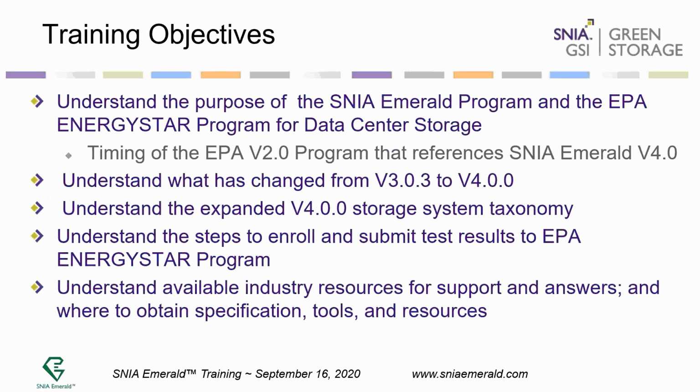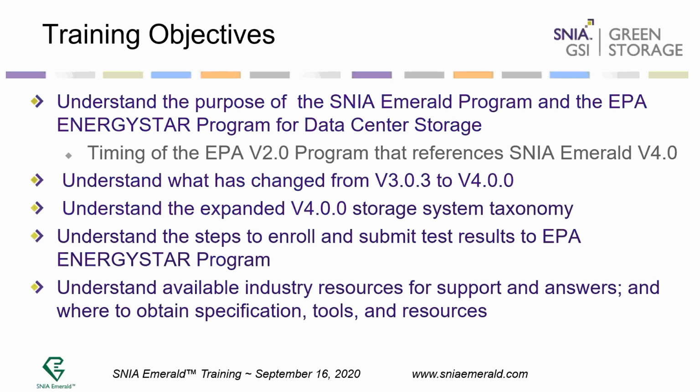So today's program is to understand what's changed from version 3.03 to version 4.0, and also the timing and dovetailing of the EPA version 2.0 data center storage program that references the version 4.0 specification. Everything more or less is backwards compatible to the work that we've been doing.